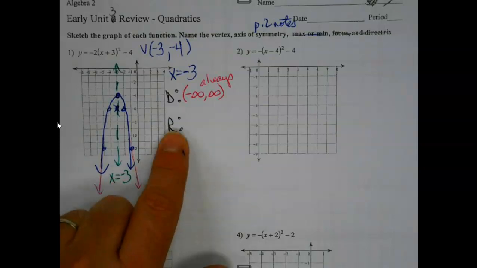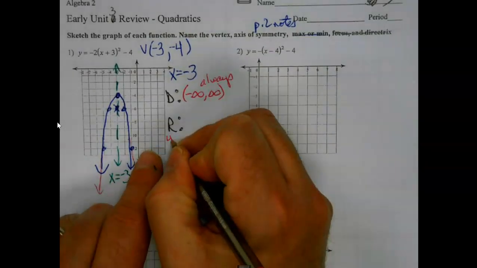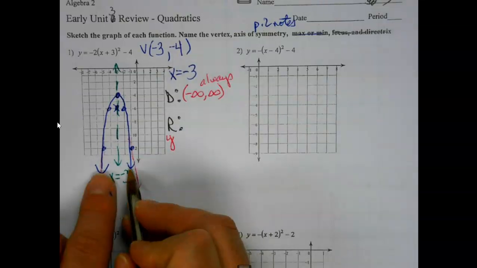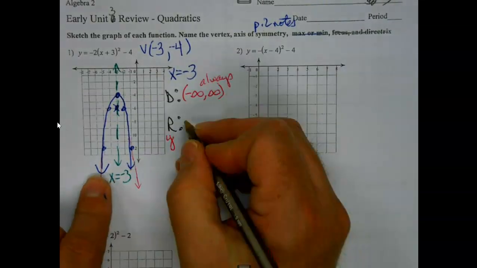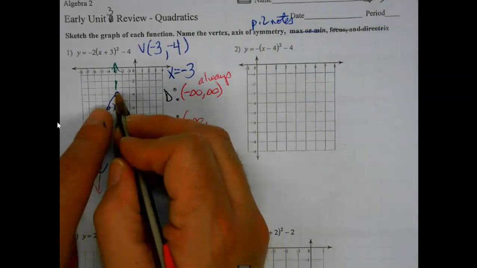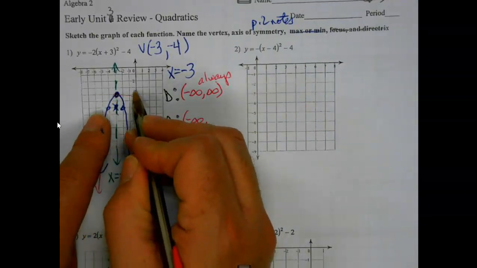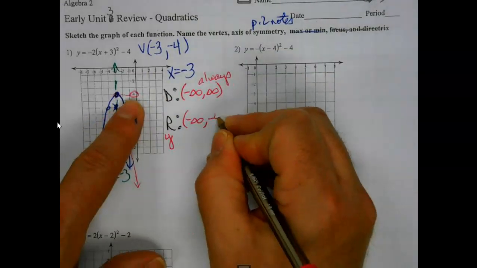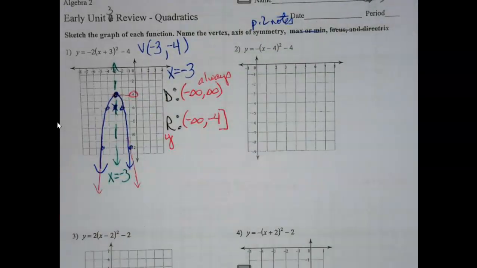My range, remember, is my y's from the bottom. The arrows are going down this time, so my bottom's negative infinity, to the top, the y value there. So just something to consider, because when we get to the quiz preview tomorrow, that's one of the things you're going to see, is domain and range are going to pop back up.